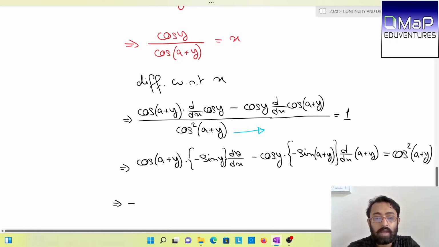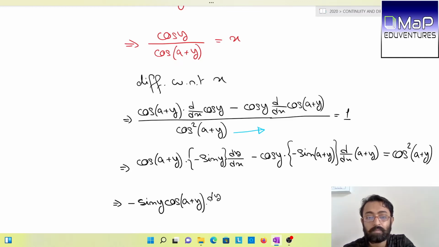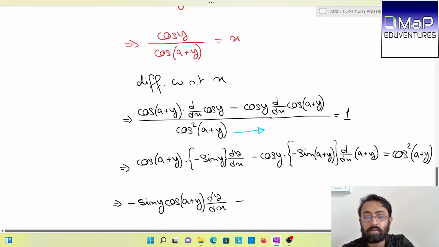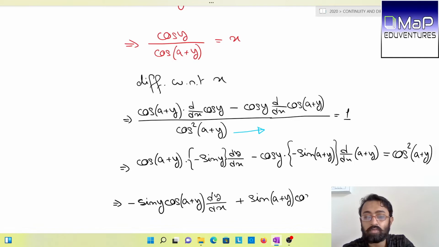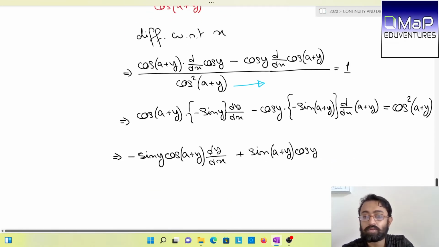Okay, so we have minus sin y into cos of a plus y dy by dx plus sin a plus y into cos y into ddx of a plus y, which will give you dy by dx, equals cos square a plus y.